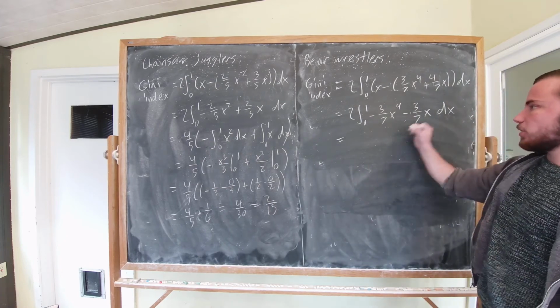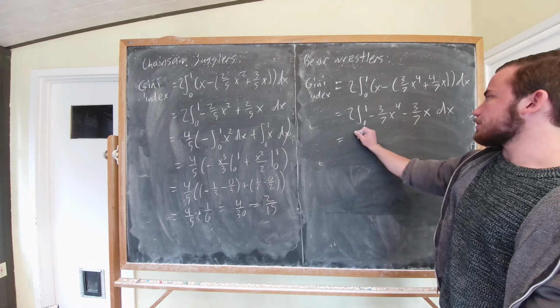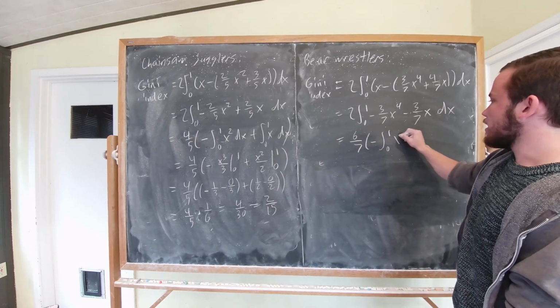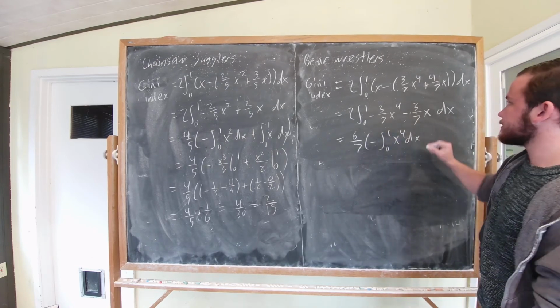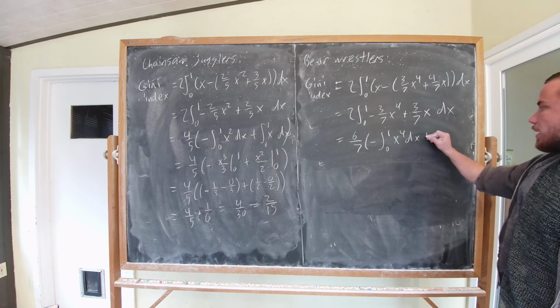Alright, pulling away 3/7 and doing the exact same thing as over there really, we end up with 6/7 times negative integral from 0 to 1 of x to the 4th dx. Sorry, this should be plus right there.